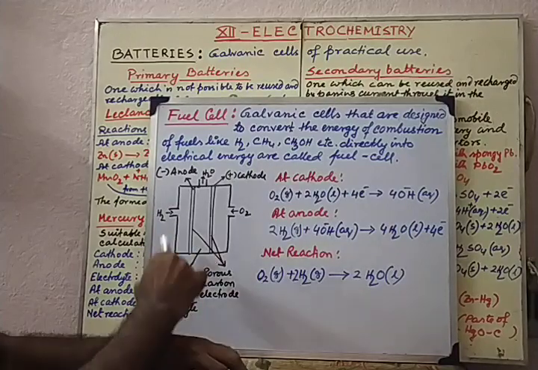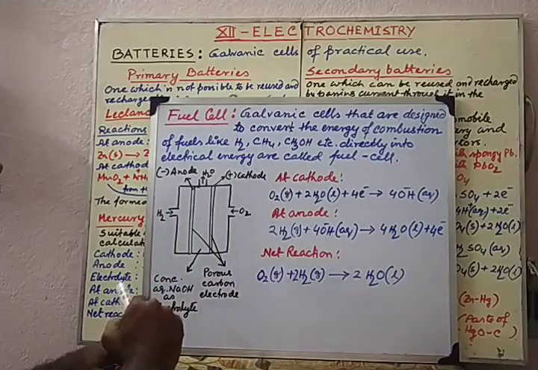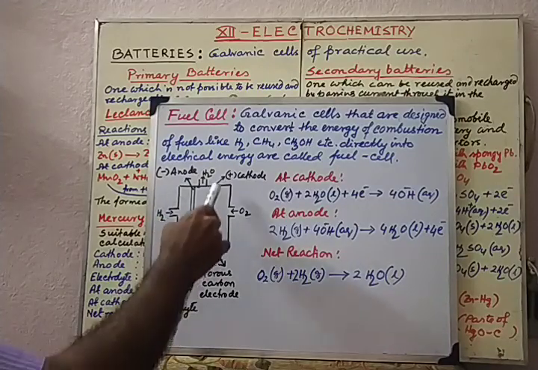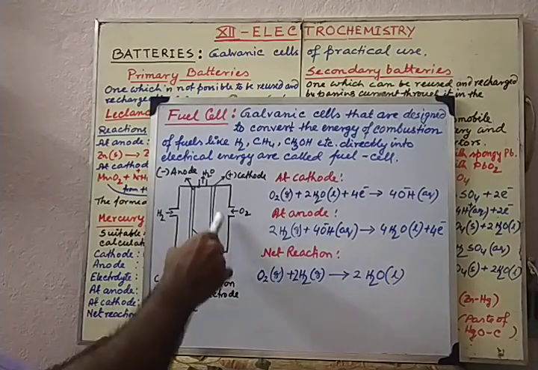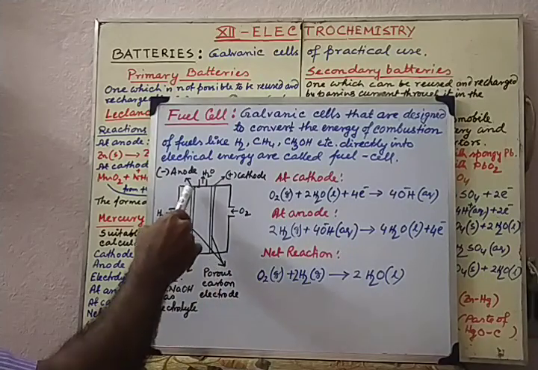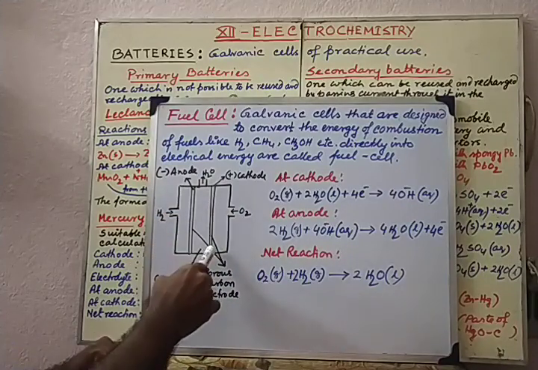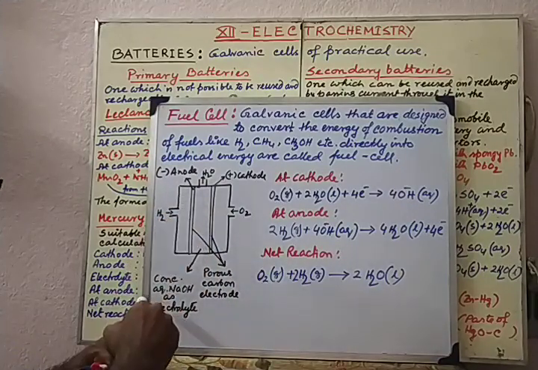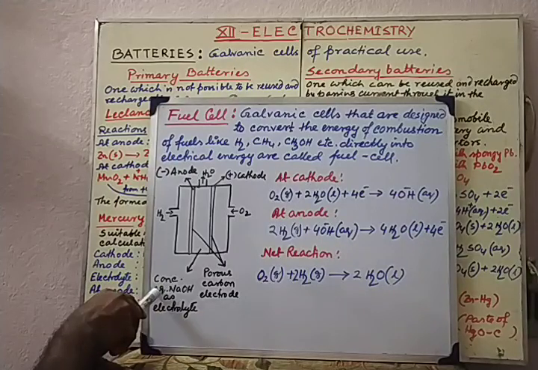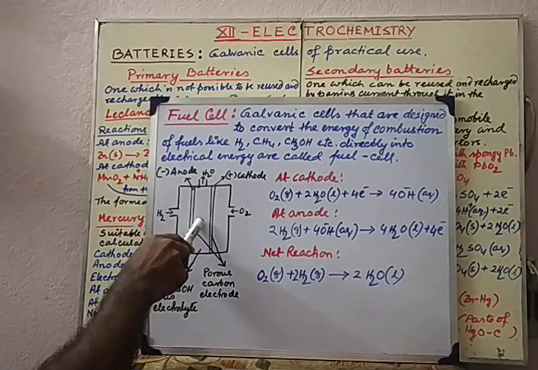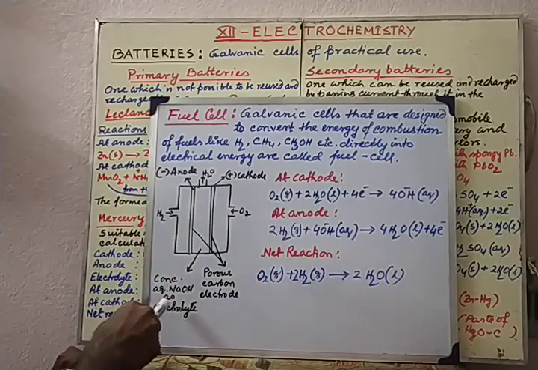The hydrogen oxygen fuel cell diagram I have shown here. There are two chambers, the anodic chamber and the cathodic chamber. The electrodes are made up of porous carbon, and there is an electrolyte which is concentrated NaOH.